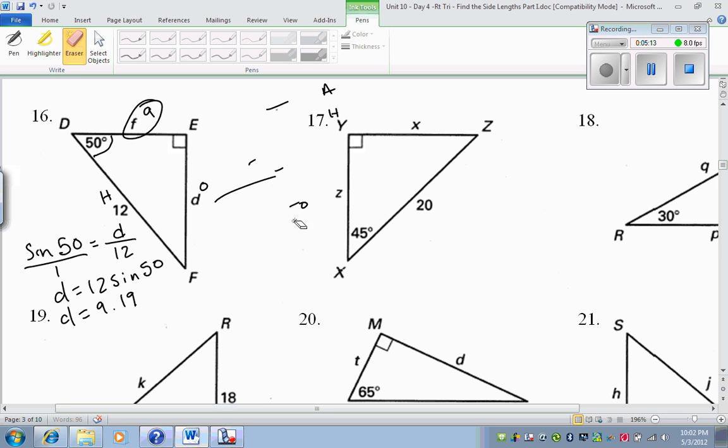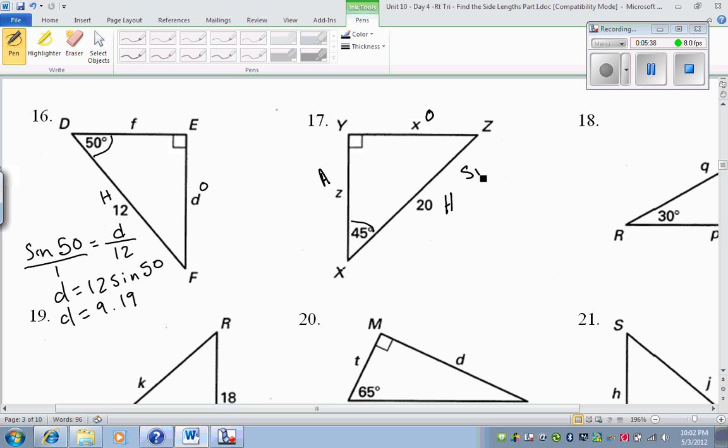It erases pretty good. Now we're going to do 17. 18 we did in class. All right, that gives me enough room for 17. We'll go back to the pen. Okay, here's the angle. Again, I was given the hypotenuse, which is great. If I'm not given the hypotenuse, it's a little bit more work. Here's the opposite side. Here's the adjacent side. So I'm going to do opposite and hypotenuse. I'll do sine again.